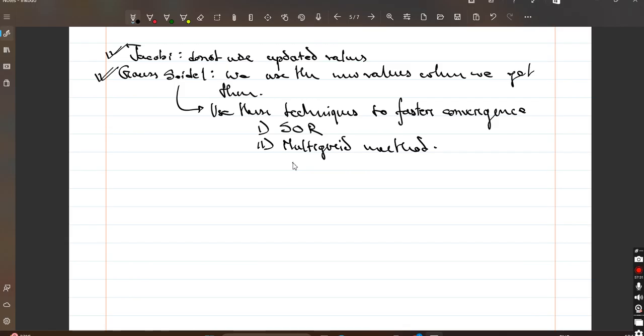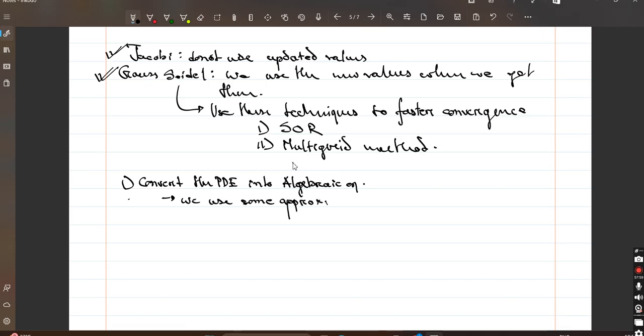how we first convert the PDE into algebraic equations, and in that we use some approximations, right? So what are those approximations?